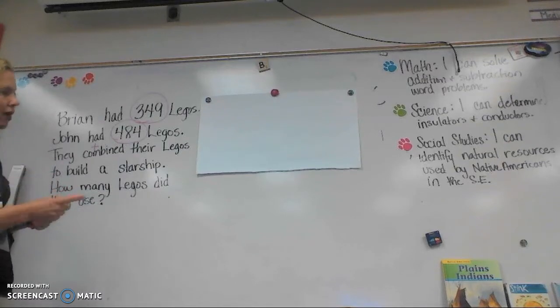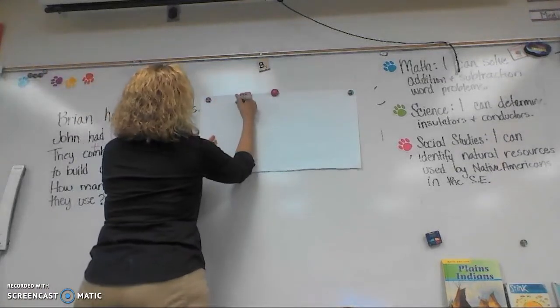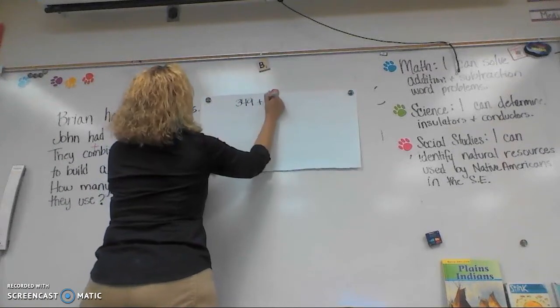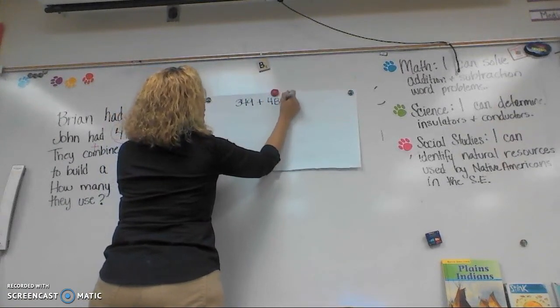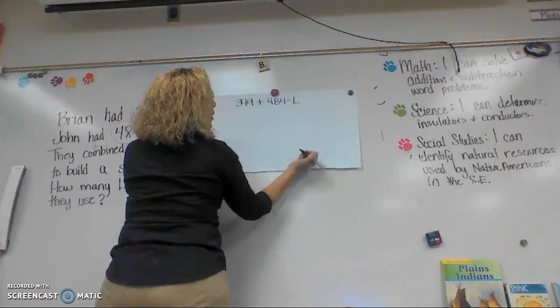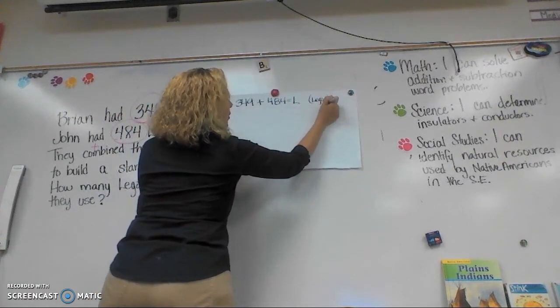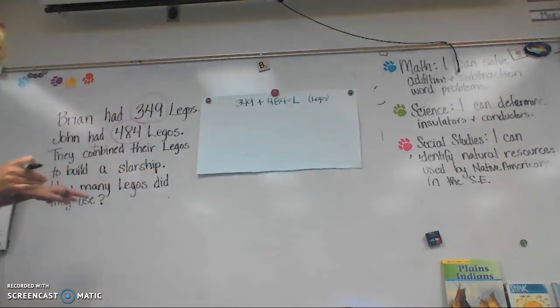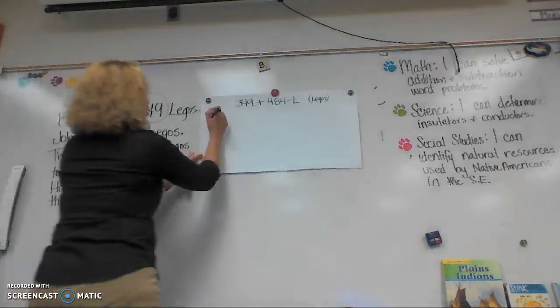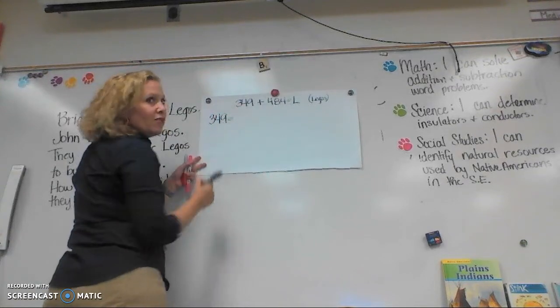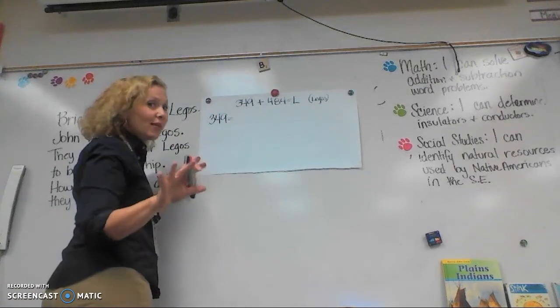So first thing, write that equation. What equation do we have? We have 349 plus 484, and that's going to equal our Legos that they used, or L, right? Okay, so use expanded form, which we've practiced in first and second grade, so you can do it.